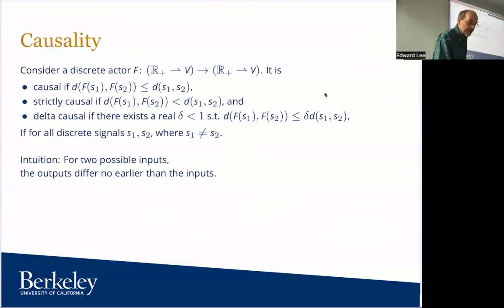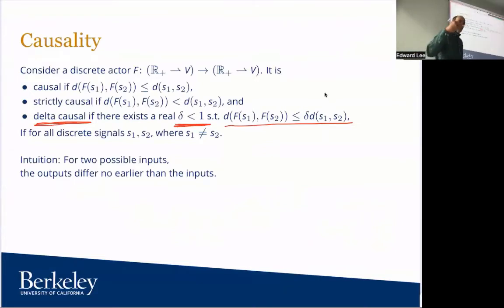So the intuition of causation is that there's a third version of causation, which is delta causal, which means that there exists a real number delta that's less than 1, such that the distance between the outputs is less than or equal to delta times the distance between the inputs.